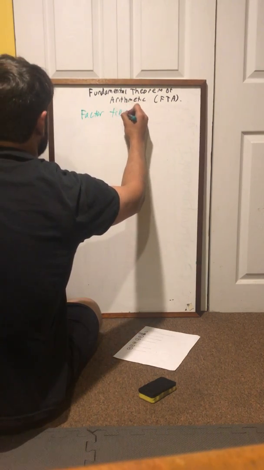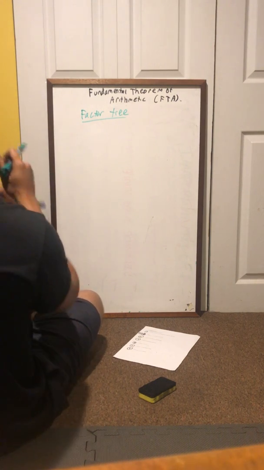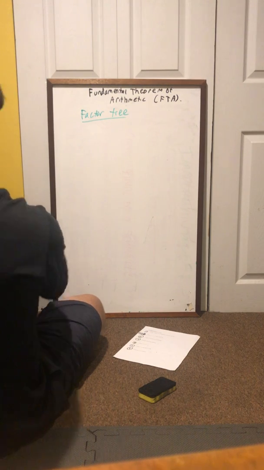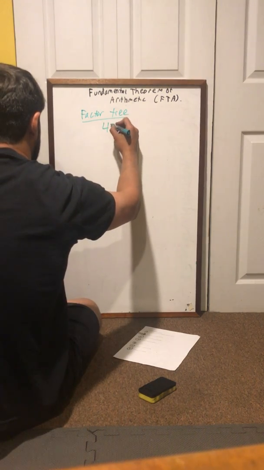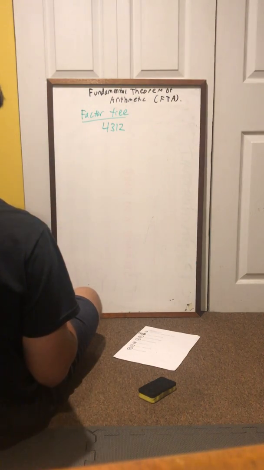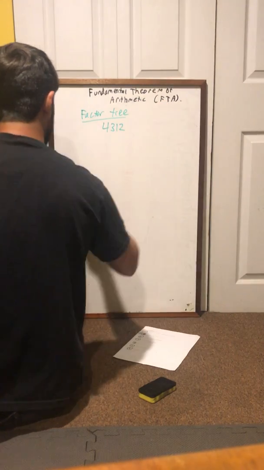All right, for this example, let's use 4,312. And again, let's note these different primes that we have.